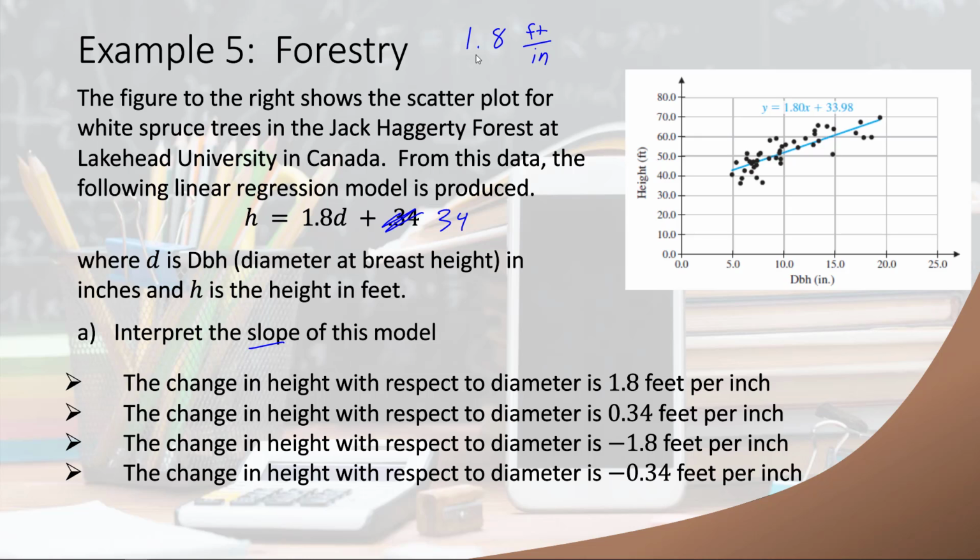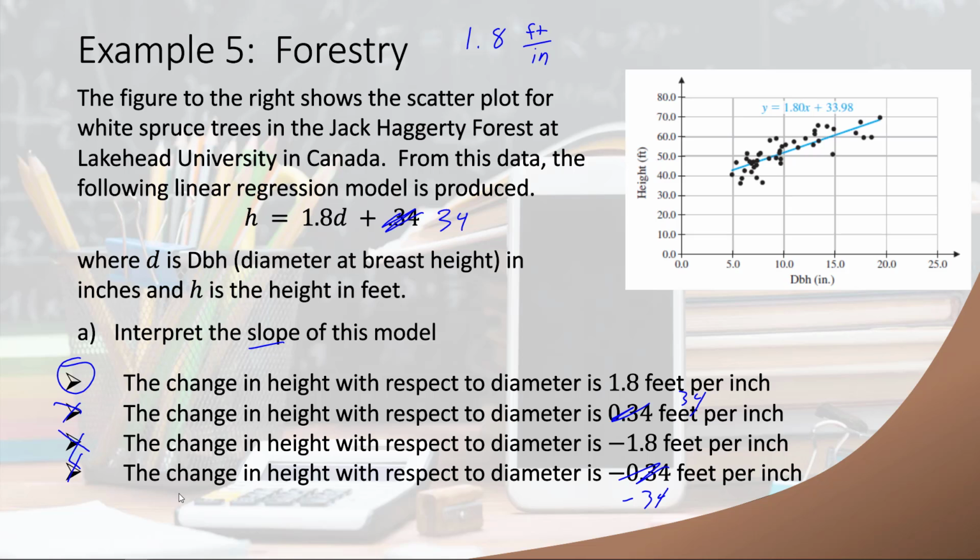Well, once again, the slope is 1.8, so this should be 34 now, 0.34. But nonetheless, these are out, okay, because that's the intercept. Once again, as the diameter increases, the height increases. As a consequence, this is out because this implies the opposite. So this right here is the slope.